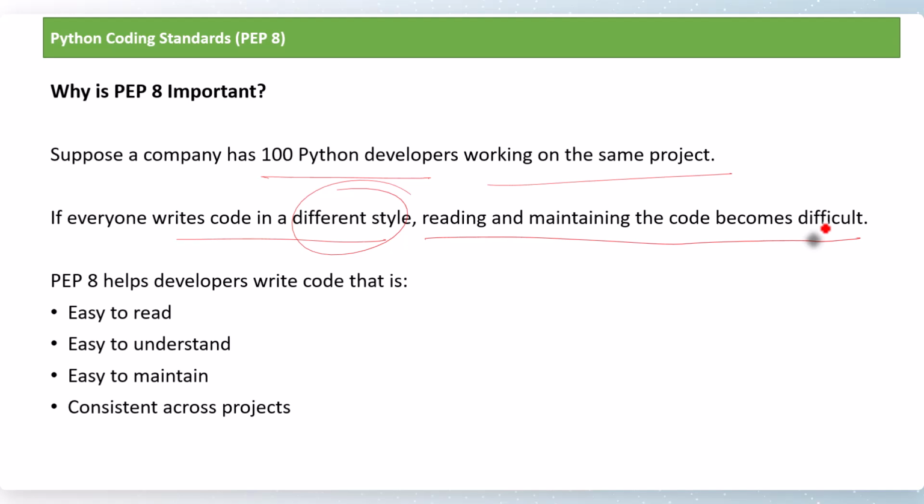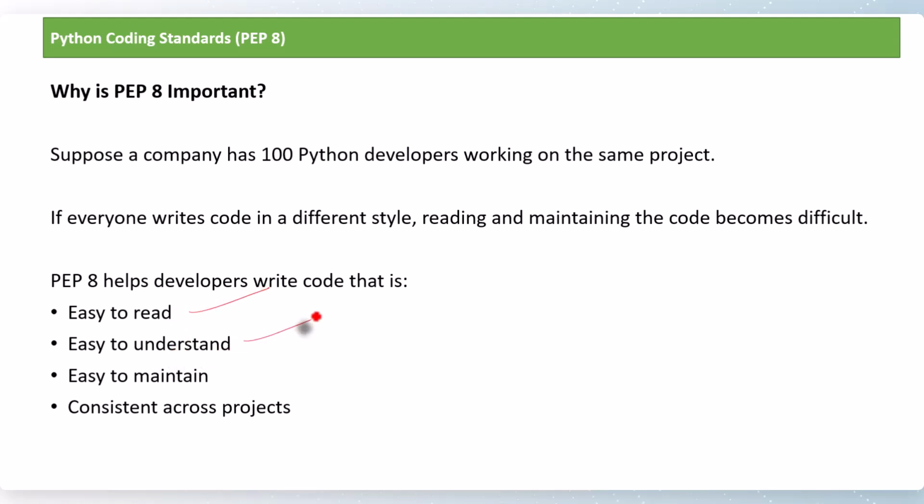But if 100 Python developers are working together on the same project and all are working differently, then the reading and maintainability of the code is very difficult. So PEP 8 helps developers write code that is easy to read, easy to understand, easy to maintain, and consistent across all the projects. If all people are working on the same project, then the project is entirely consistent in all the programs.